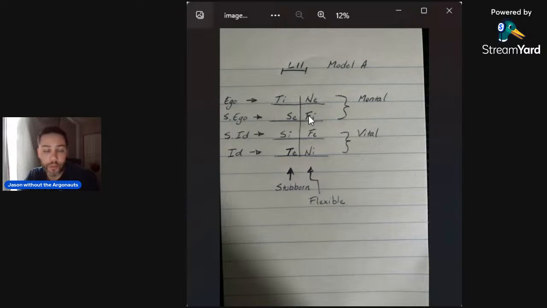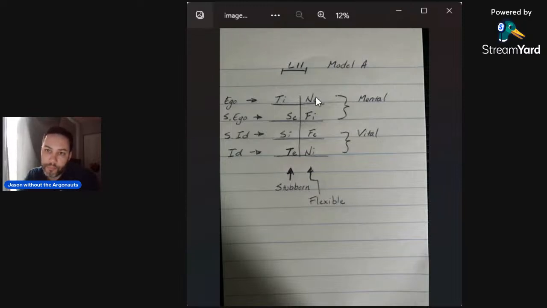When you're referring to TI or NE or SE, we don't call them functions in Socionics. We call those elements, information elements. It's a little bit of tidying up on the vocabulary there.